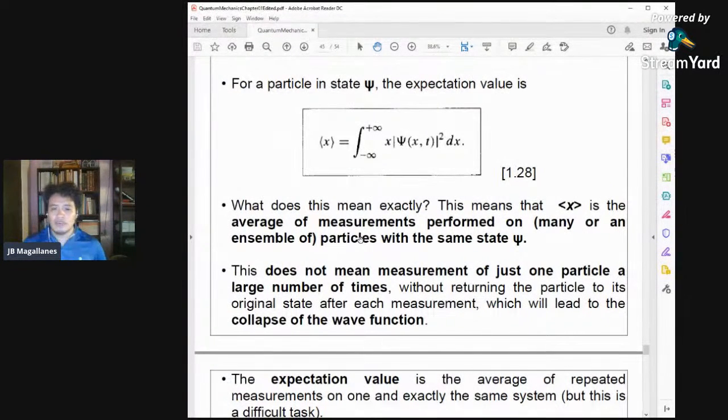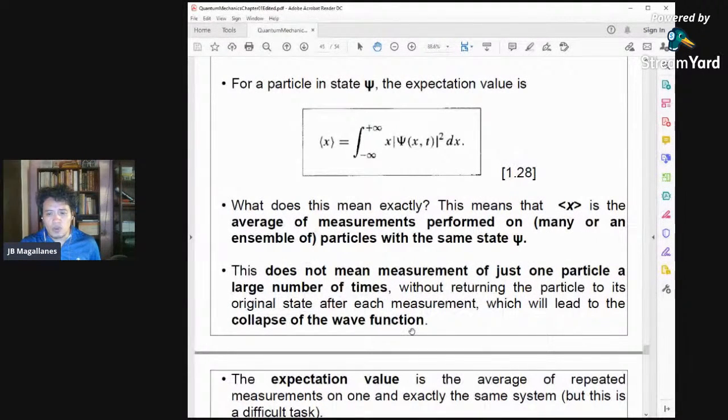So if you only have one particle, you should let it return to its original state before you measure again, because the wave function has been disturbed.